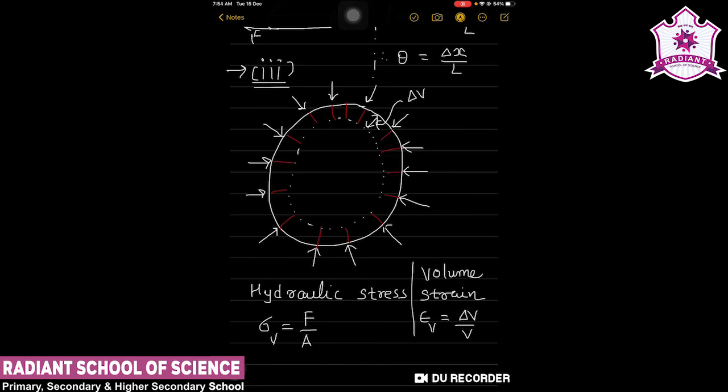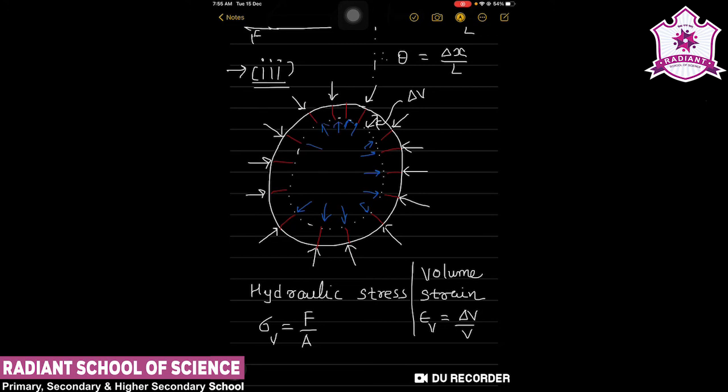When a solid sphere placed in a fluid under high pressure is compressed uniformly from all sides, the force applied by the fluid acts in a perpendicular direction at each point of the surface, and the body is said to be under hydraulic compression.